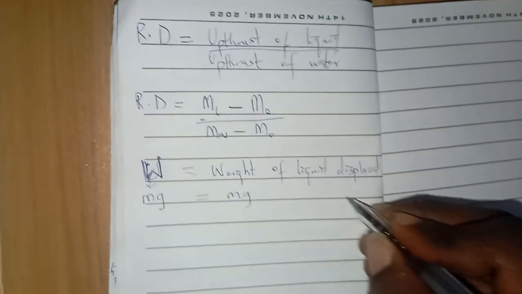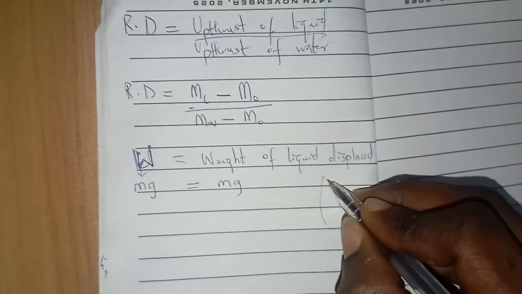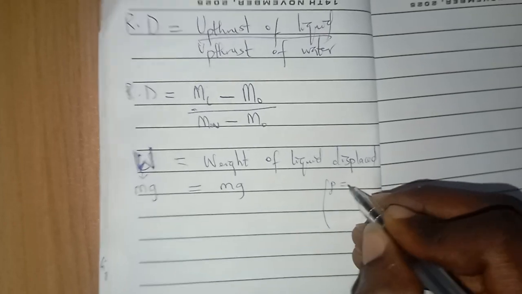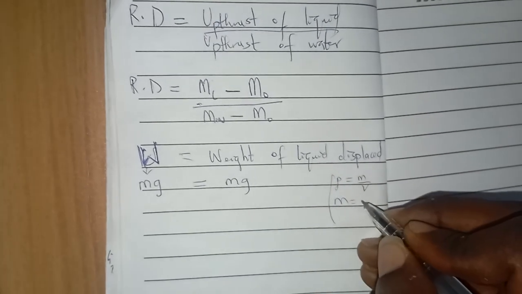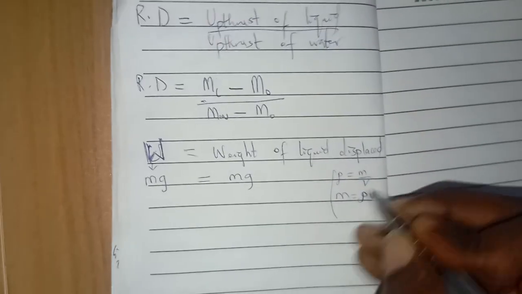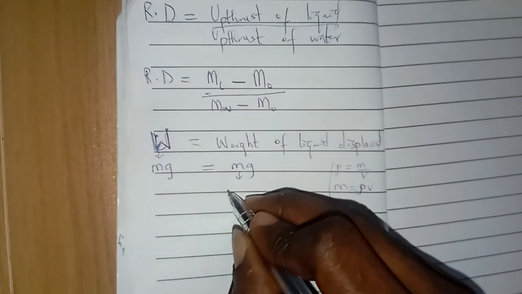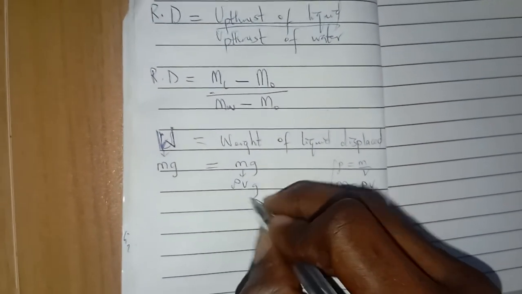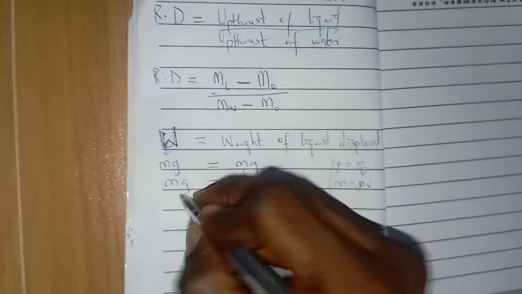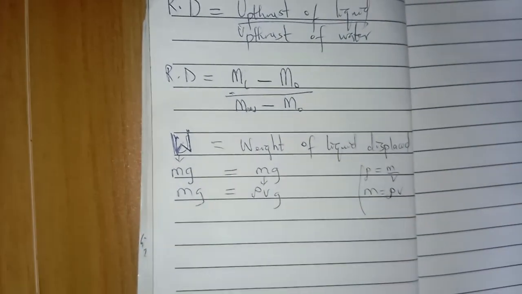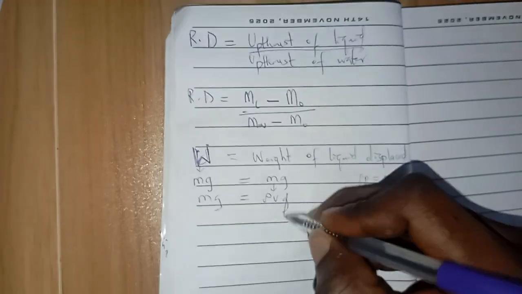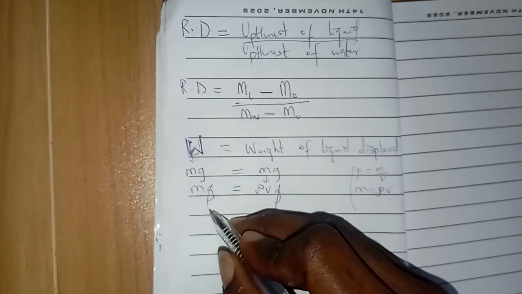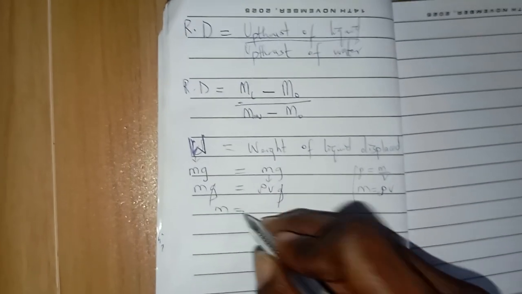But remember that from density equals to mass over volume, this can be the sentence m equals to density times v. So this can be the sentence in density vg equals to mg. This can come out as a question. You see that you have to use this and solve, or at this point you can do this.